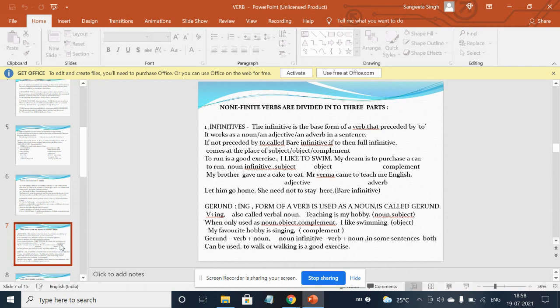I like swimming. Here, swimming is object. My favorite hobby is singing. Here, singing is complement. Gerund is verb plus noun, noun infinitive is verb plus noun. In some sentences, both can be used. To walk or walking is a good exercise.